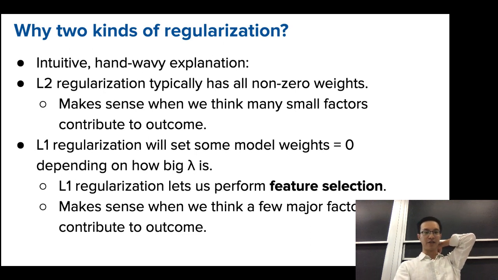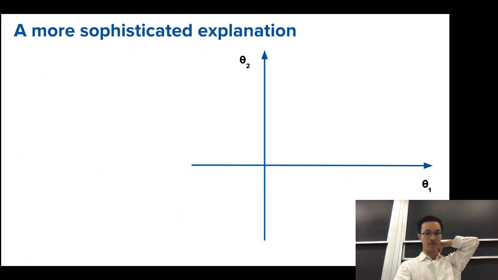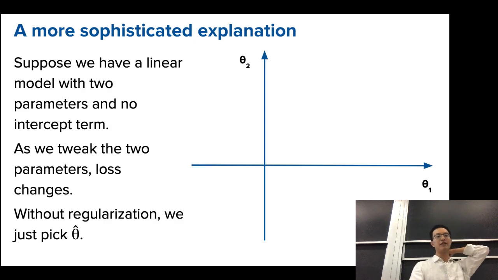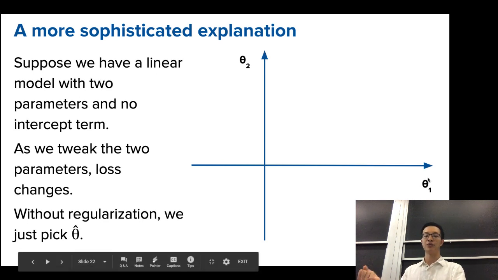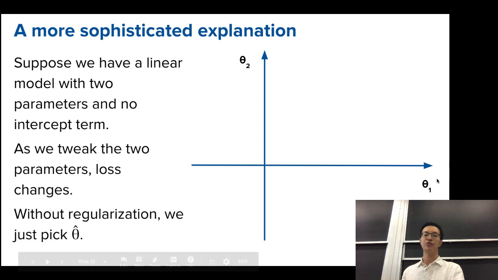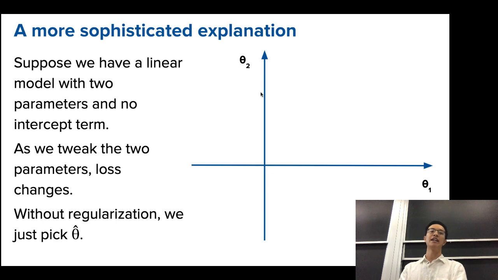Okay, so here's a more sophisticated explanation. So if we have a linear model with two parameters and no intercept term, then we'll have two parameters, theta1 and theta2. Okay, so I put theta1 on the x-axis and put theta2 on the y-axis. So if I go in the right direction, I'm going to increase theta1, and if I go up on the y-axis, I'm going to increase theta2.